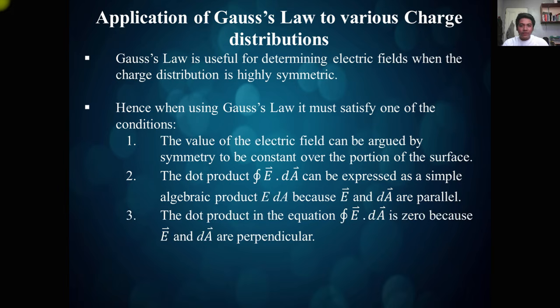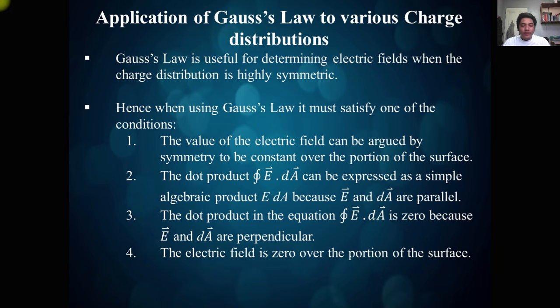Also, if the dot product E dot dA is 0 because E and dA are perpendicular, meaning the angle is 90 degrees, then we can also use Gauss's law. And the electric field may be 0 over the portion of the surface.